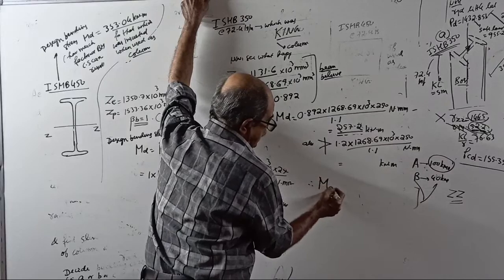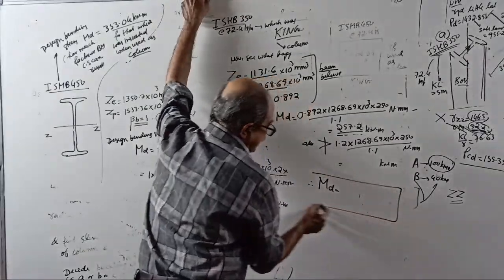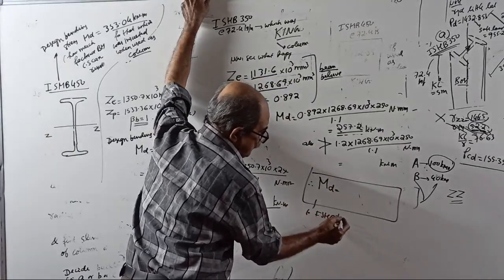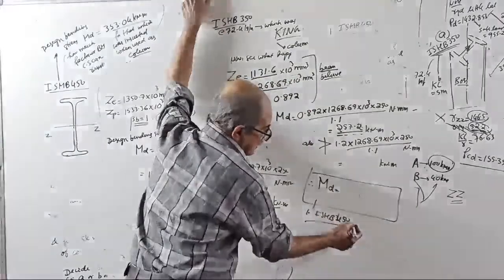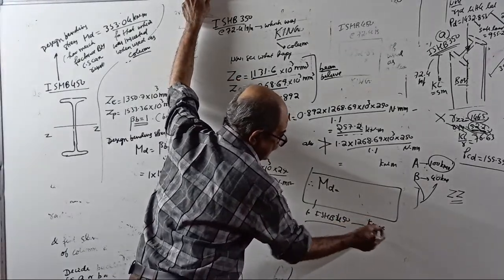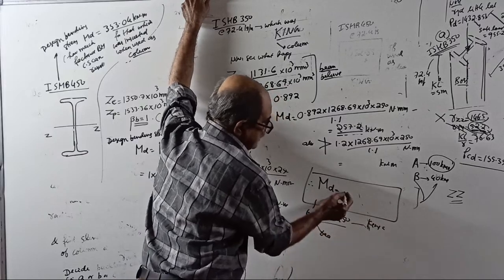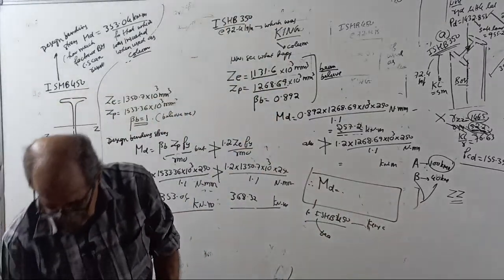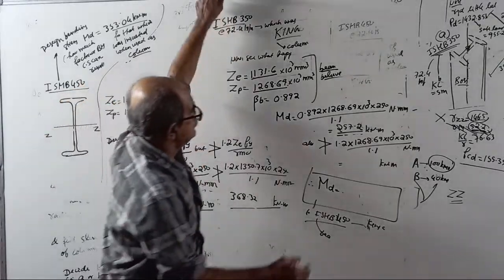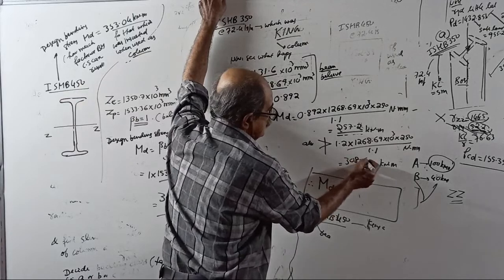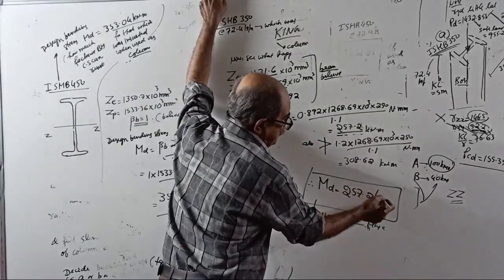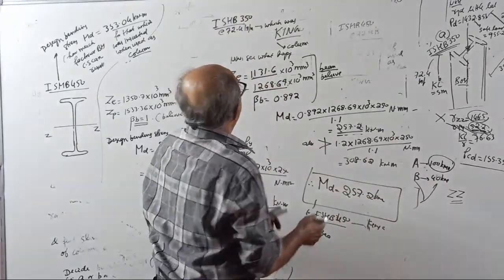Therefore MD for ISHB 450, which was the boss king in case of column, but for beam, it was 308.62. So the answer is 257.2 kilonewton meter. Now make a note.